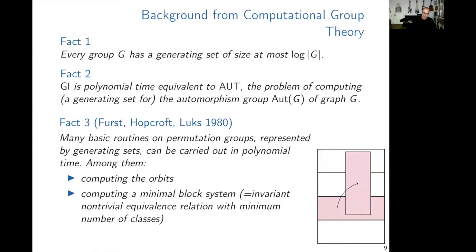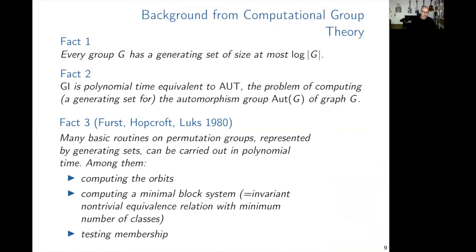So this is forbidden. Now, a minimal block system is one with a minimal number of classes. Of course, the whole set in itself is also just one block, so we always want to have at least 2 blocks, otherwise it's pointless.